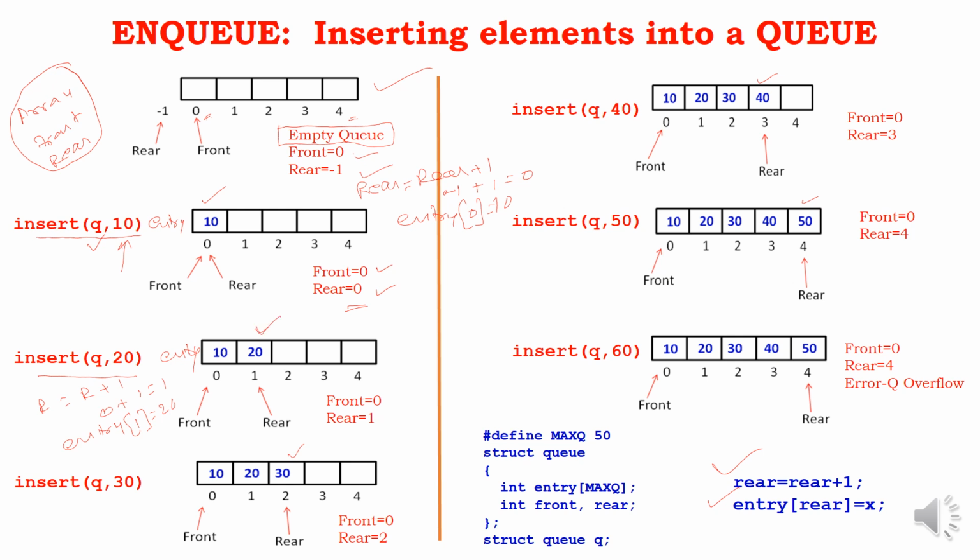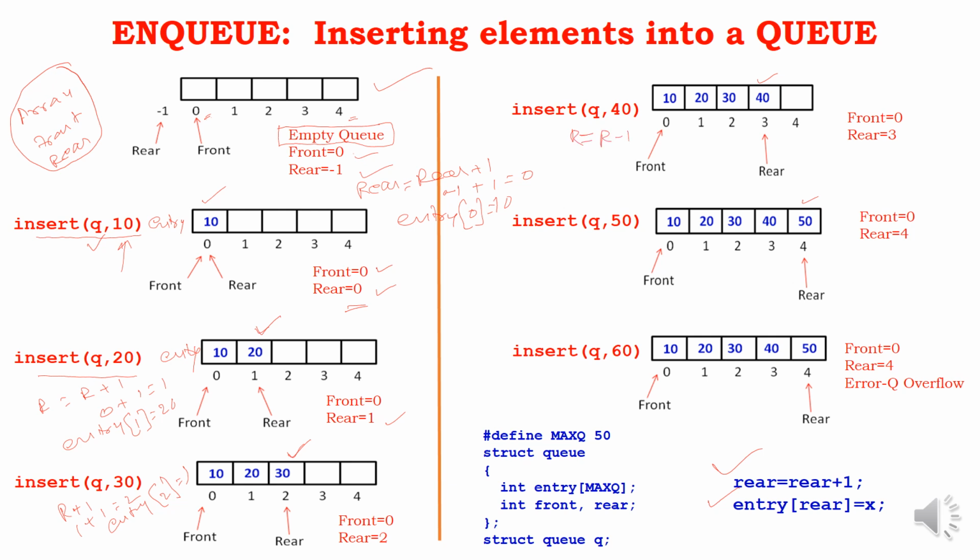So 20 is placed at location 1. Again you want to insert one more element. Again rear plus 1. Rear is already 1, 1 plus 1 is 2. Entry of 2 is 30. So in the second place, 30 is placed. Again you want to insert one more element. Again rear plus 1.